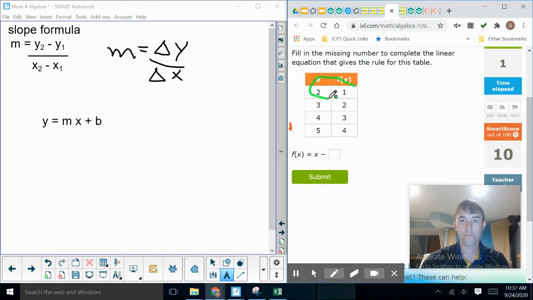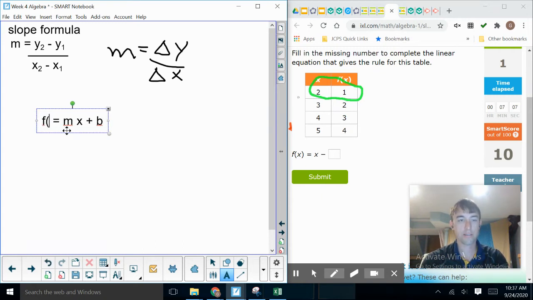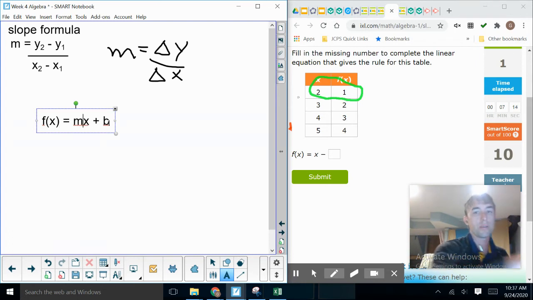My values for x and f of x, and substitute them into our equation over here. So if this is f of x equals mx plus b, mx plus b. It's important to note, there's no m written here.